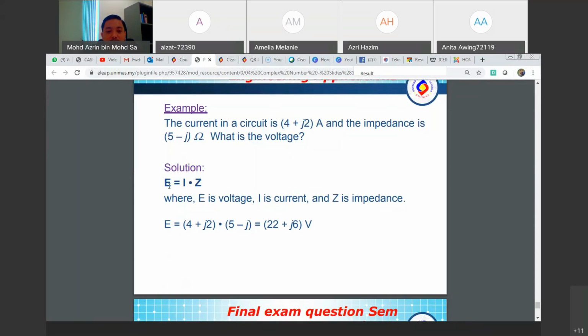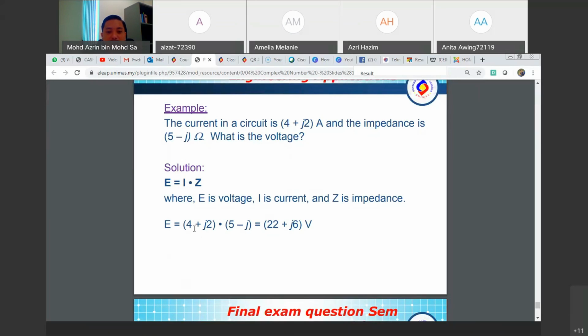So E equal to I dot Z, which is voltage equal to current dot impedance. So voltage equal to I adalah 4 plus j2 times 5 minus j. You boleh guna complex number multiplication kan.